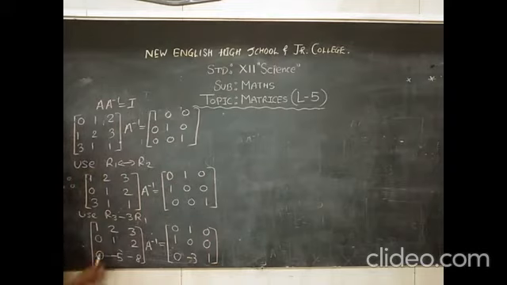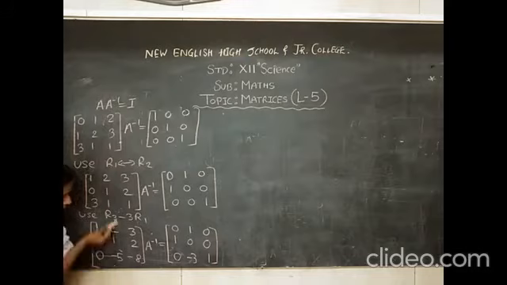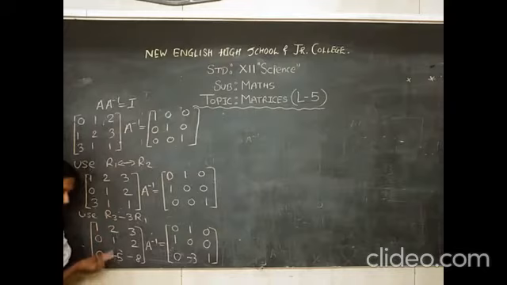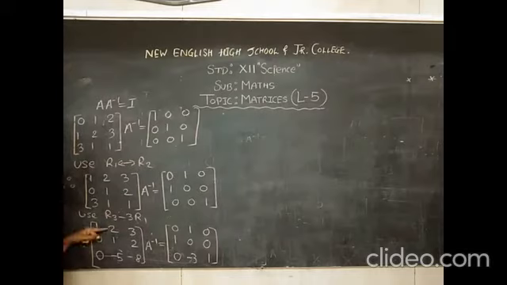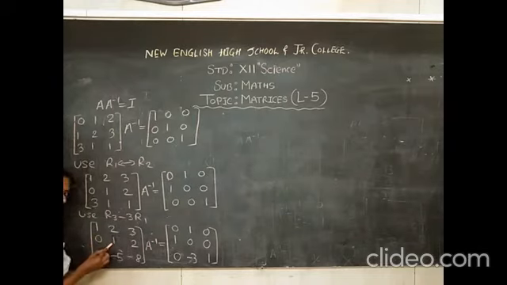Now, we are done with first column. We have converted it in 1, 0, 0. Now, children, my job is to make this second column 0, 1, 0. It is 1 already. Now, to make this 0, I will take help of this one. This belongs to R1, children. 1, 2, 3, it belongs to R1. So, R1 minus 2 times R2.